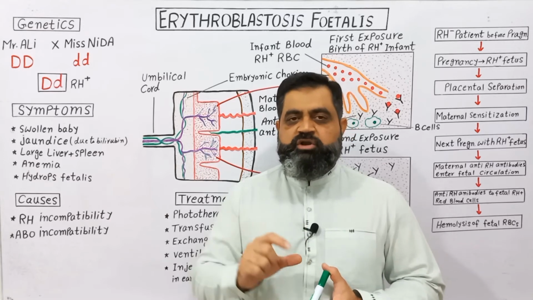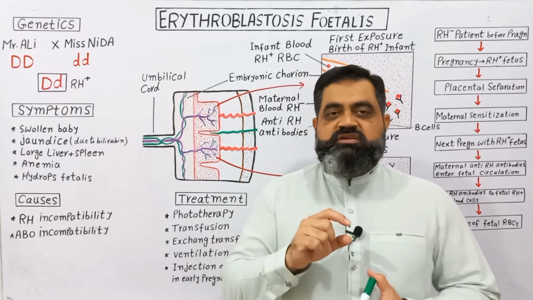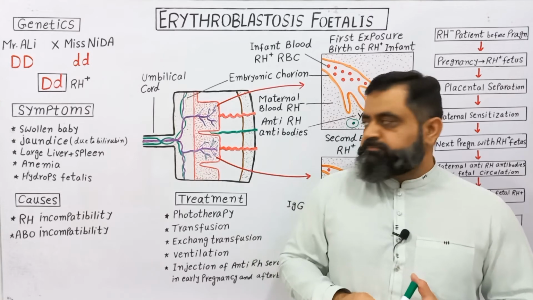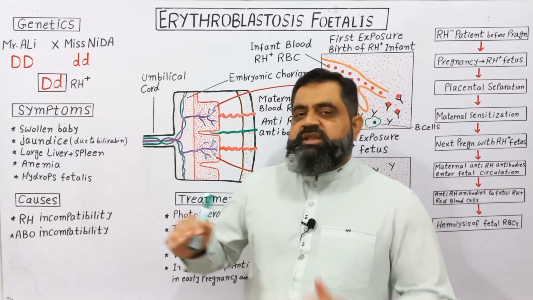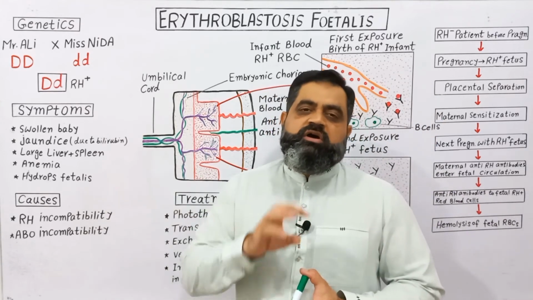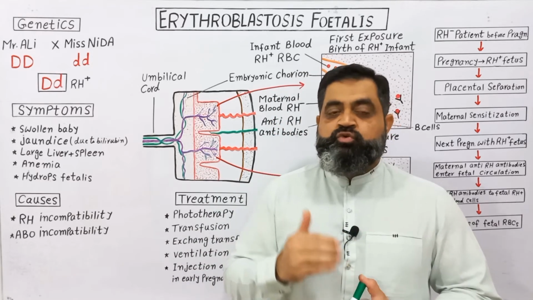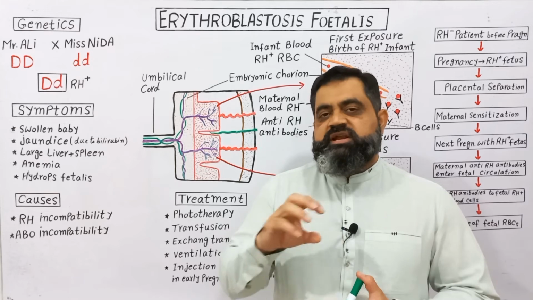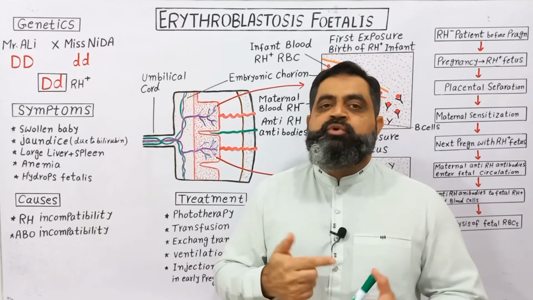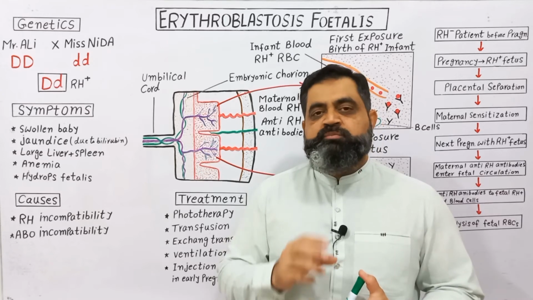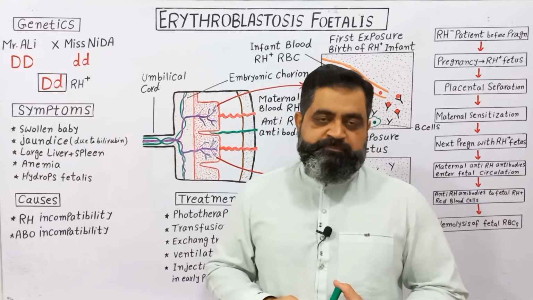While if it is in small amount, it will cause yellowing of the whites of the eyes and the skin of the fetus. When there is a destruction of a large number of red blood cells, there is a deficiency of blood. So the baby's liver and spleen will produce more RBCs at a faster pace to meet the demand of the body.